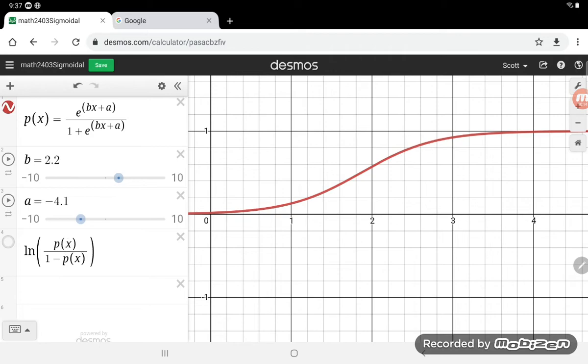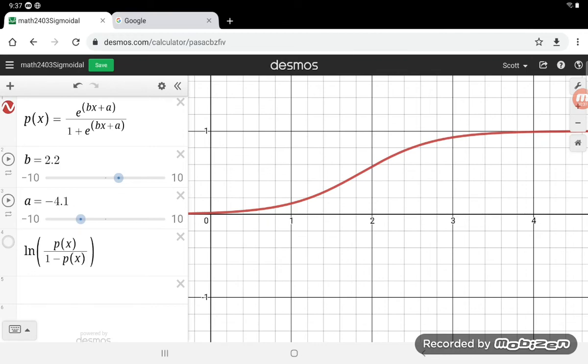That's the probability of success over the probability of failure. And down there in the bottom left, you see P of X over 1 minus P of X. Well, P of X is our probability of success, and 1 minus P of X is our probability of failure.